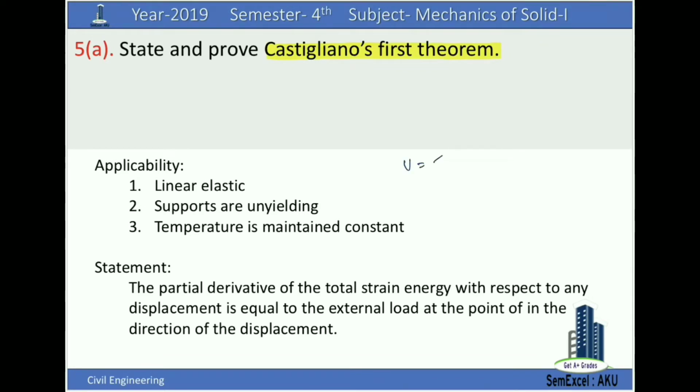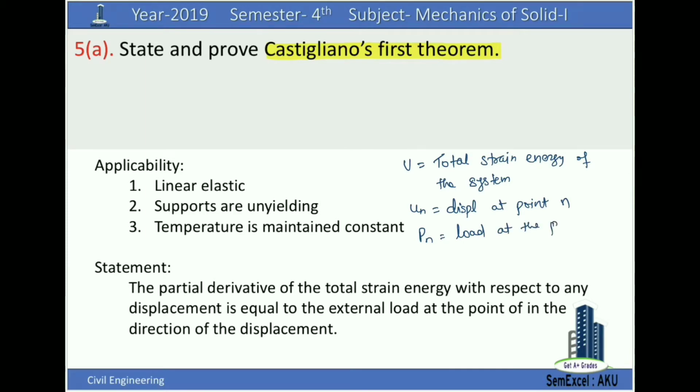Let us say U is equal to total strain energy of the system. Small un is equal to displacement at point n and Pn is equal to load at the point n.